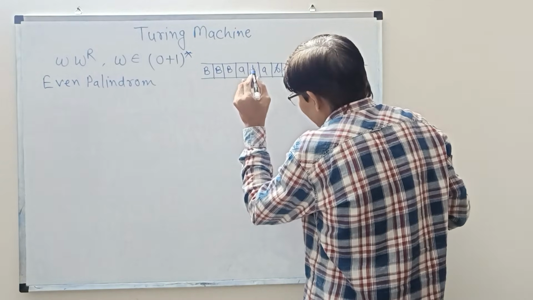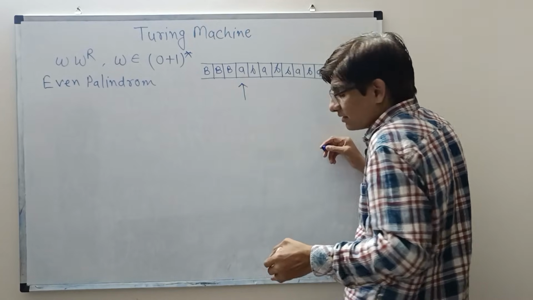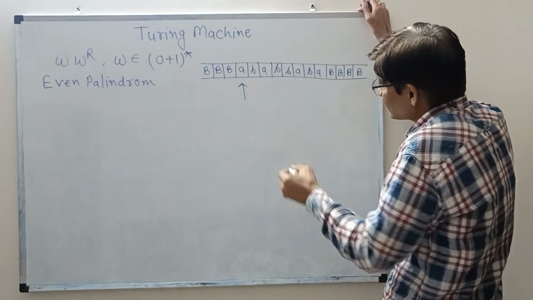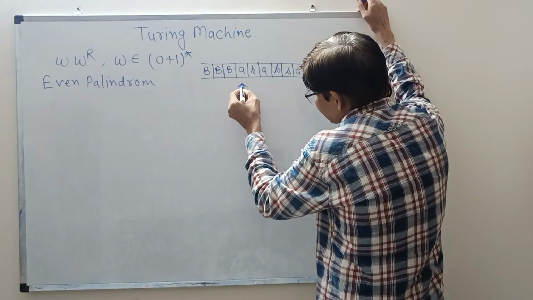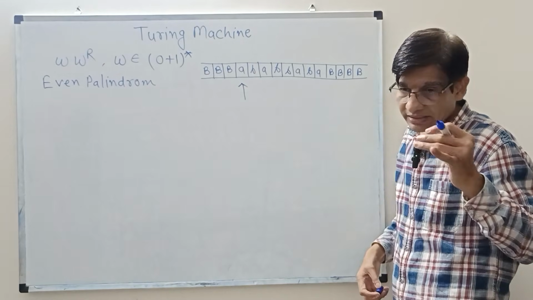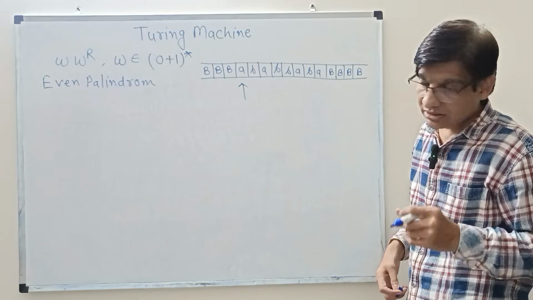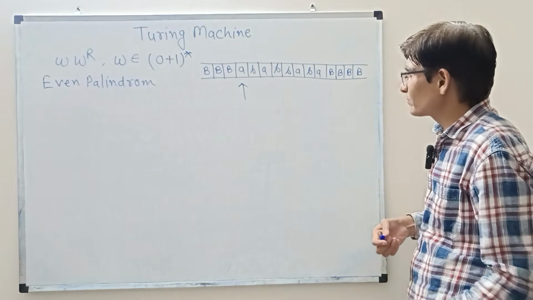Now when you start processing, your read write head points to the first symbol of the input string. So this is your read write head. As I told you, first I will tell you the logic, and then we will create transitions.